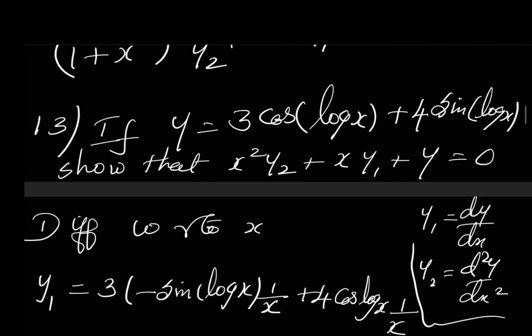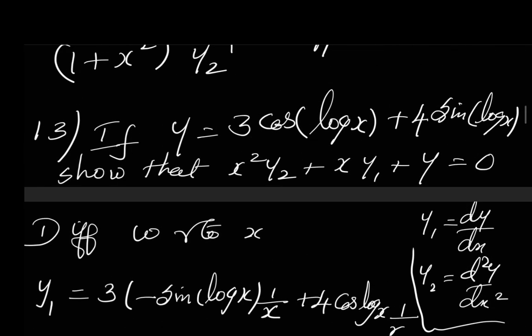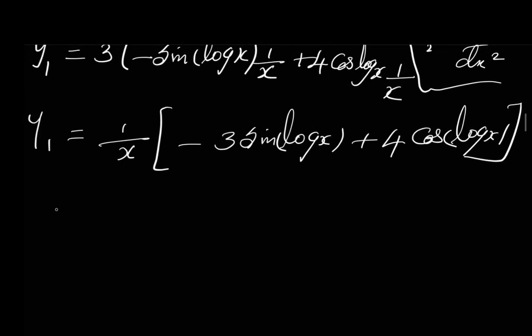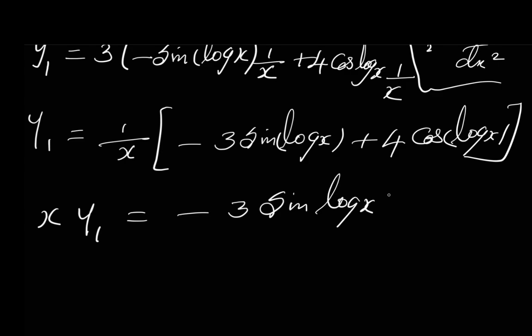But here we cannot replace, because this is 3 cos log x. So what I do, again I differentiate. You take this x to the left side, x y1 equal to minus 3 sin log x plus 4 cos log x.